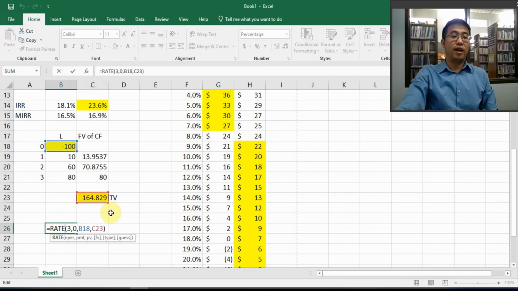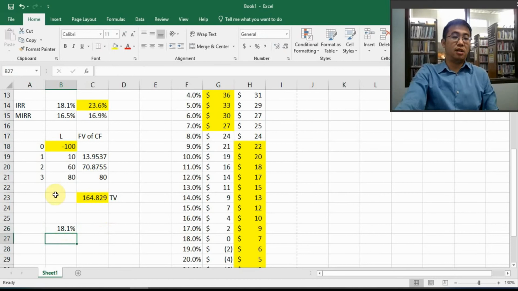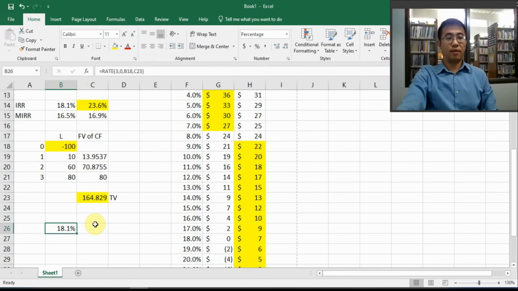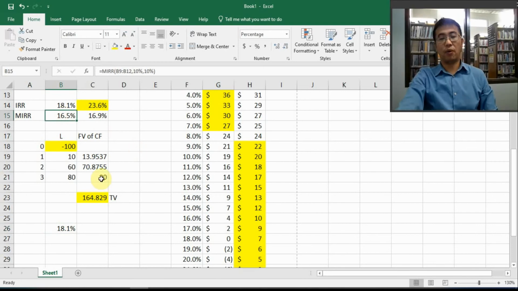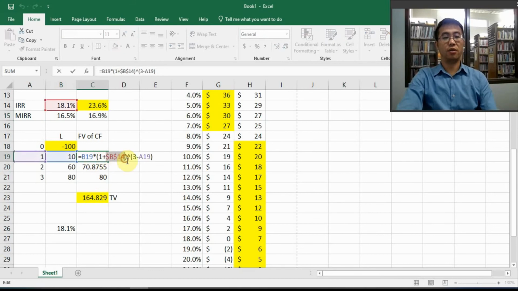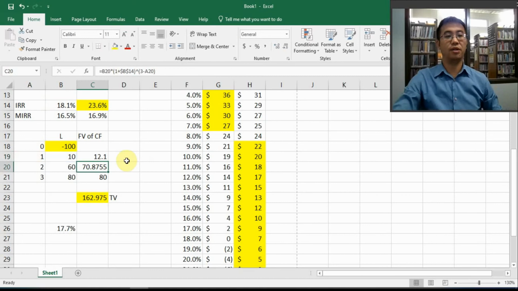And then when I use the same method to calculate the annual return, it is exactly the regular IRR at 18.1%. Okay, so this is how we use IRR. So when you use a modified IRR, it is better because that assumes a more reasonable reinvestment rate. Okay, and 10% is a reasonable reinvestment rate.